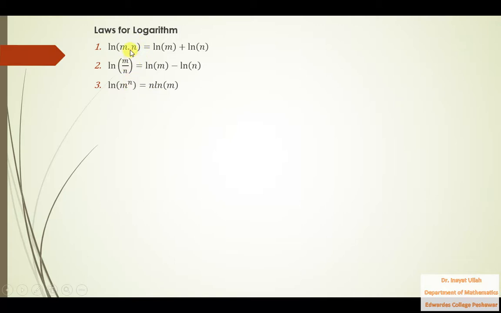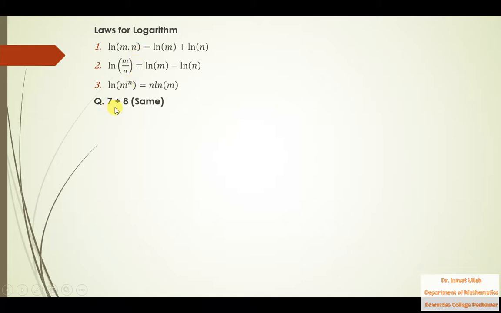We have studied these three rules in matric course as well as in first year course. So remember these three laws for logarithm. We will apply those laws of logarithm to simplify the function and then find the derivative of the function.